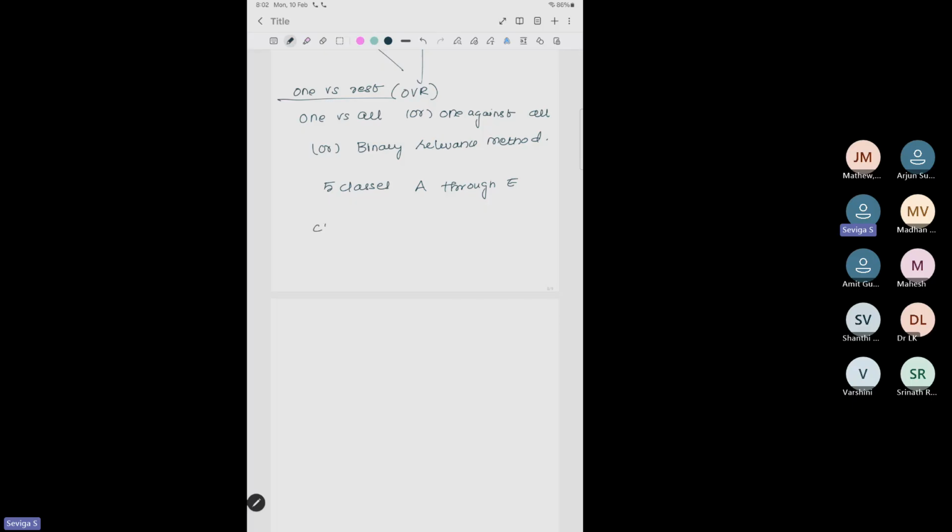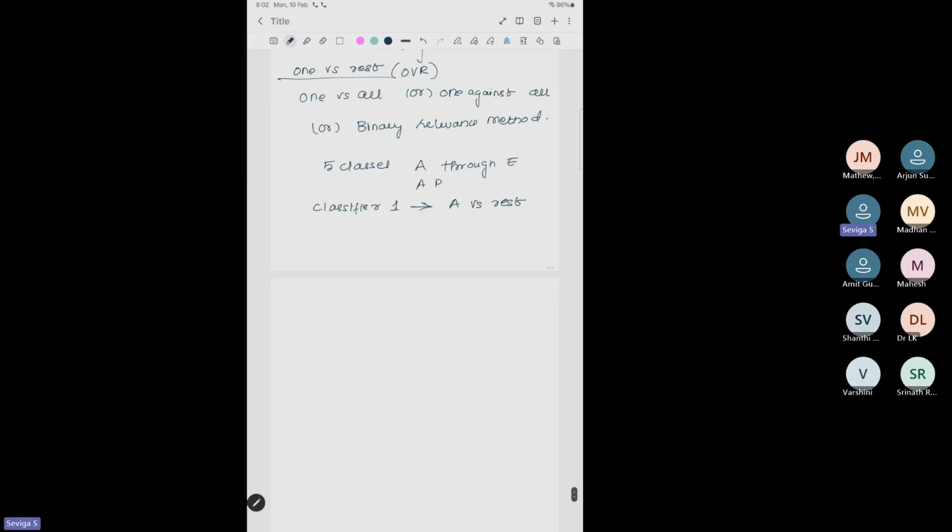The first classifier will separate A versus rest. So we have 5 classes A, B, C, D, E. Instead of building one classifier which can predict any one of these 5 classes, we will build 5 binary classifiers.